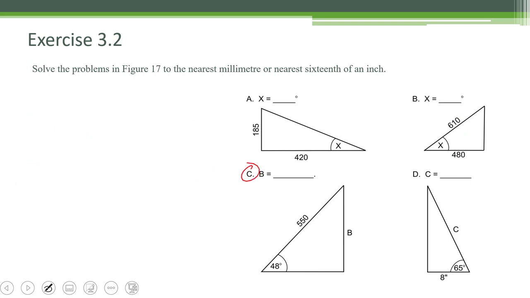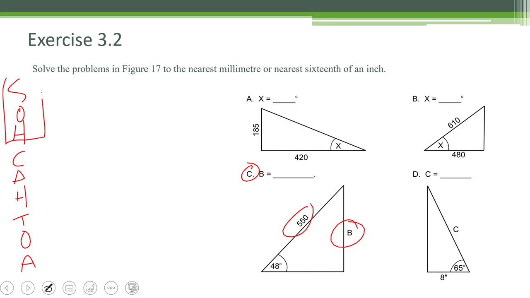For this one over here, now we're going to have to find the side, but I do the same thing. I'll write down SOHCAHTOA. Okay, what sides am I working with? That's the opposite and the hypotenuse, so I'll be using sine. I write the sine of 48 is equal to the opposite that I don't know, so I'll say B, over the hypotenuse, which is 550.